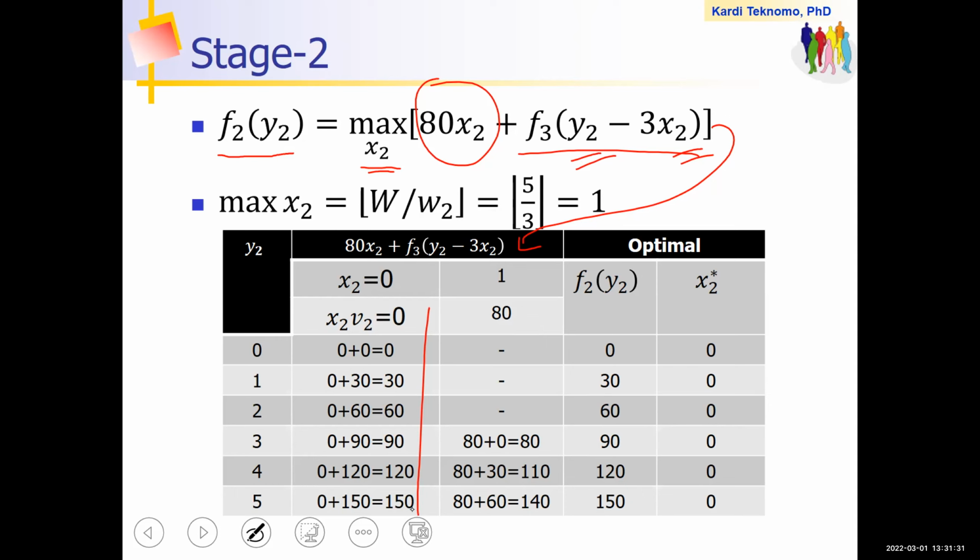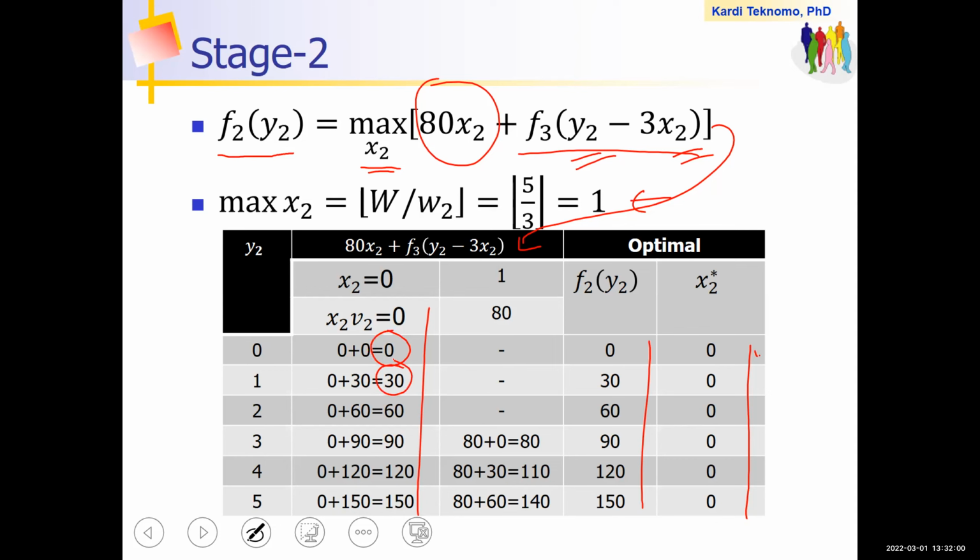And then we get the optimal value. This is the value, and this is the x. So the maximum is 1. In this case, the optimal value is 0, this 0 is the maximum.